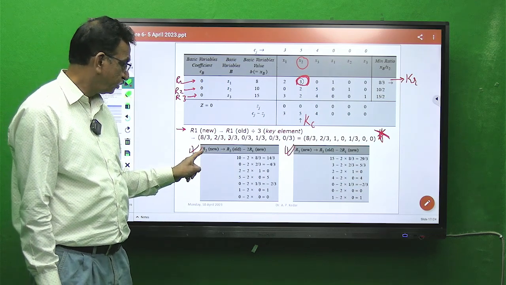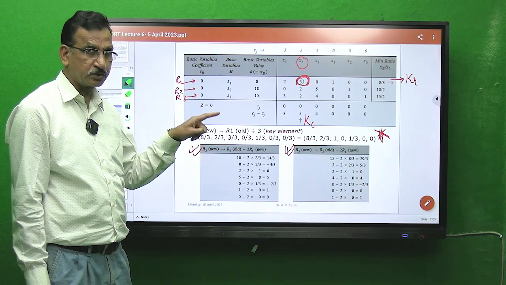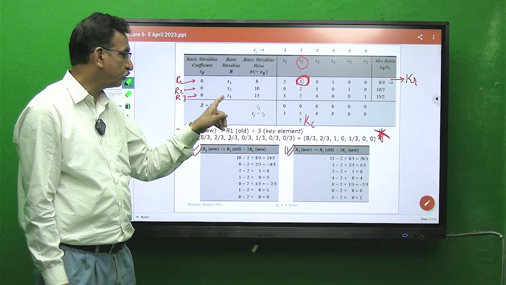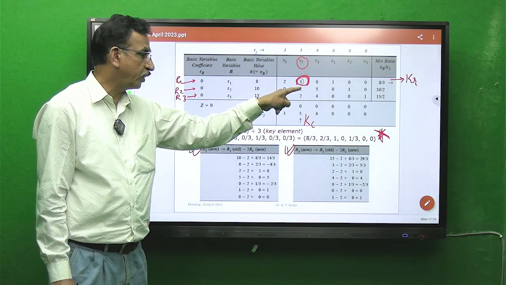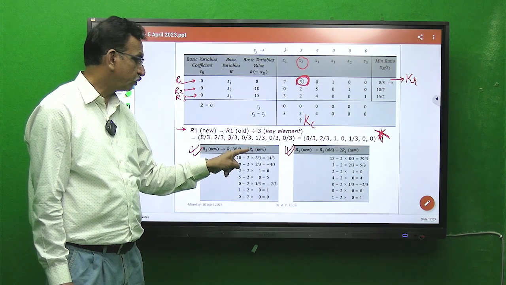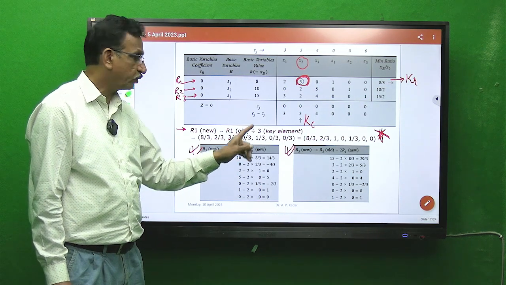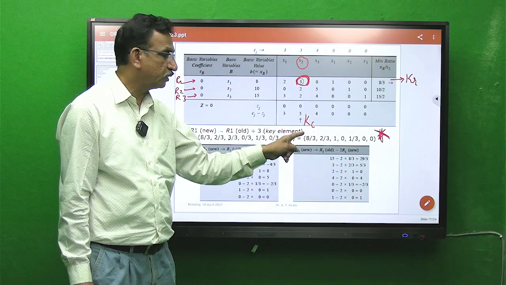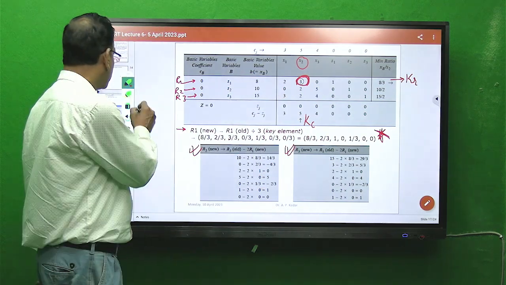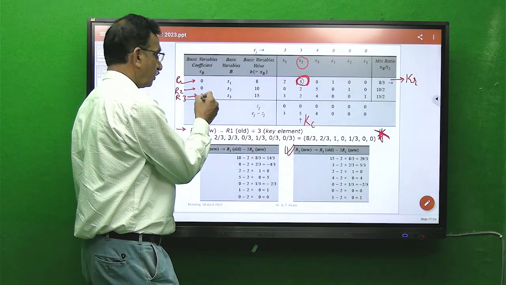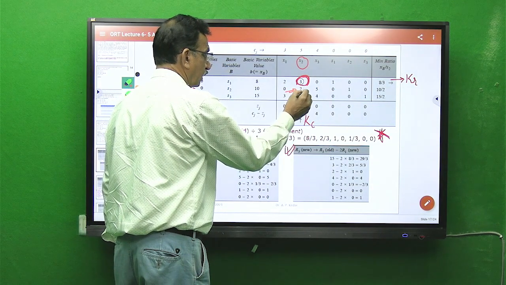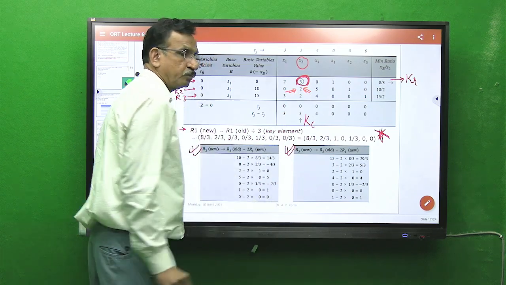For R2, what do we have to do? R2 old values minus 2 times. Why is it 2 times? Because it is the element at the intersection of the key column. See, for R2 I am talking of this particular 2.